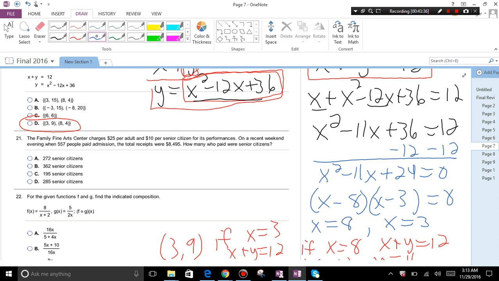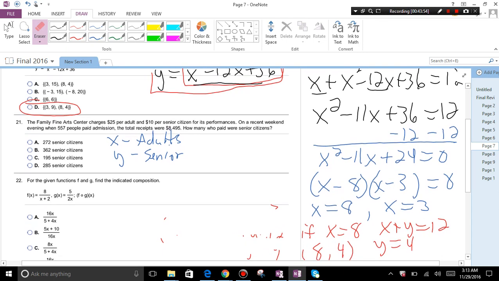Okay. So what we'll do is we'll use x and y. We'll let x be the adults, and we're going to let y be the senior citizens. And just like the previous problem, we're going to write out two equations and use the substitution method.